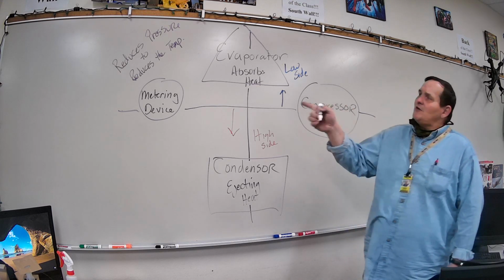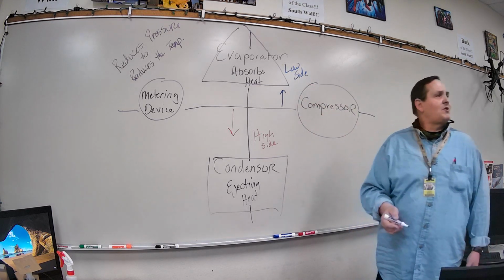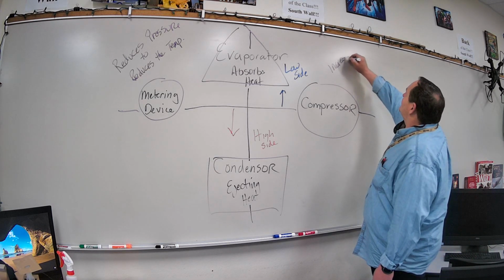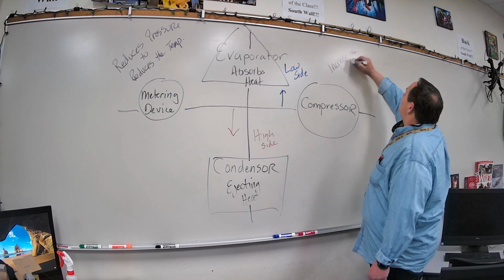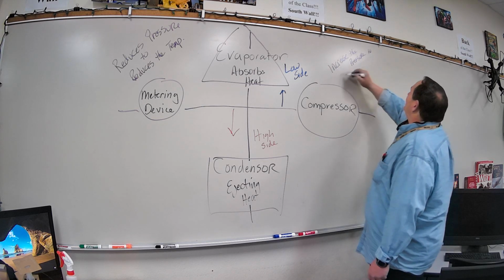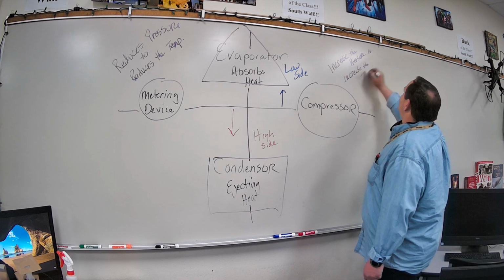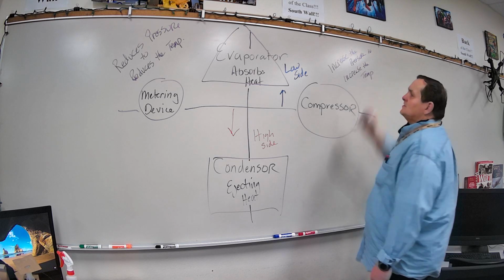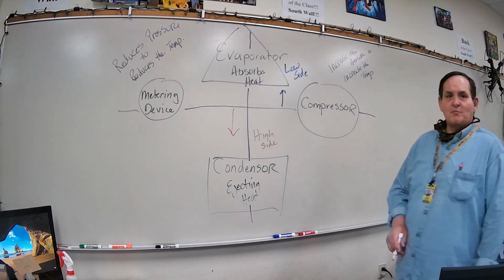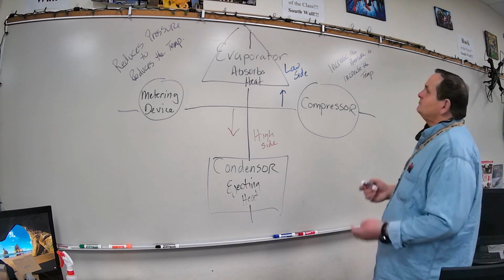So if the metering device reduces pressure to reduce the temperature, guess what the compressor is going to do? It's going to increase the pressure to increase the temp. So they're the opposite of one another. Simple enough, right?